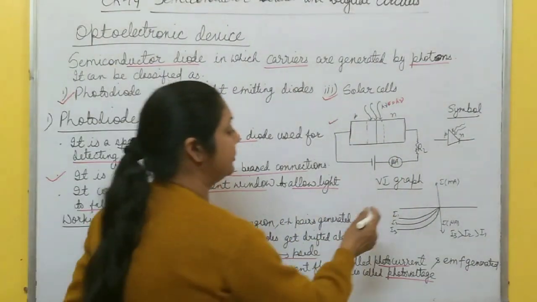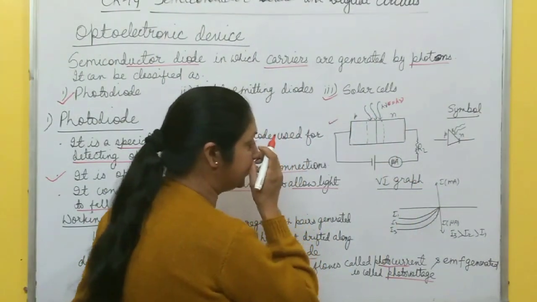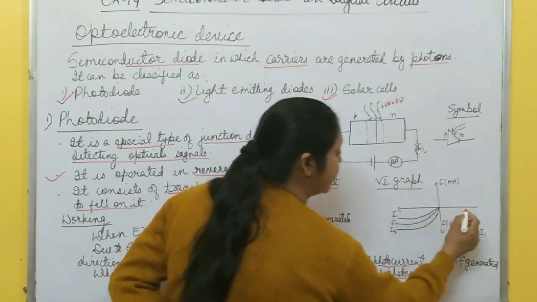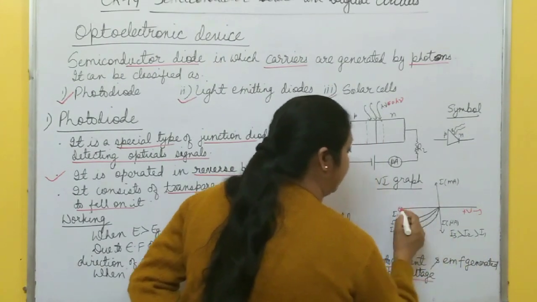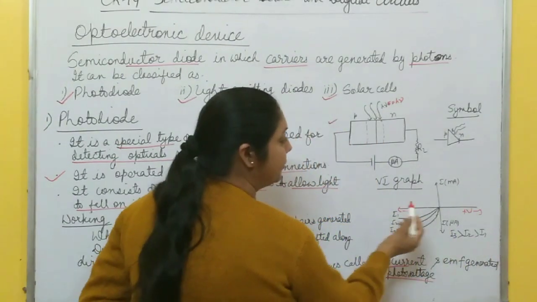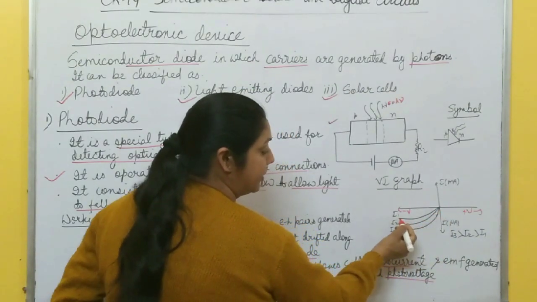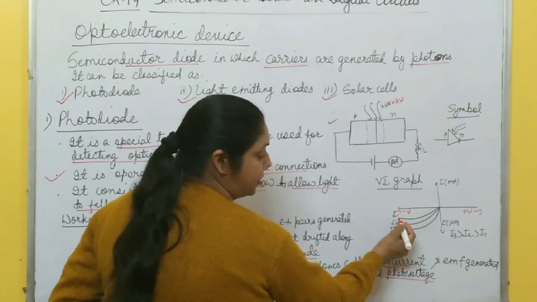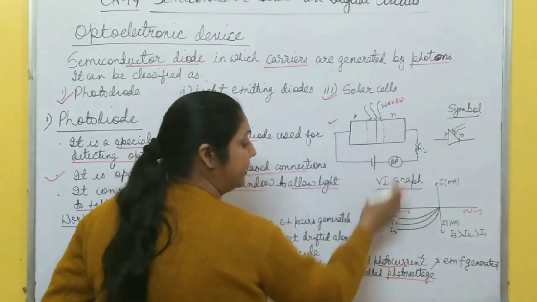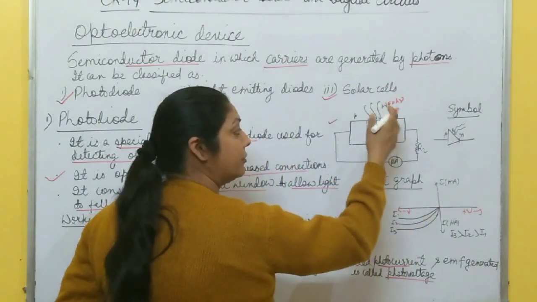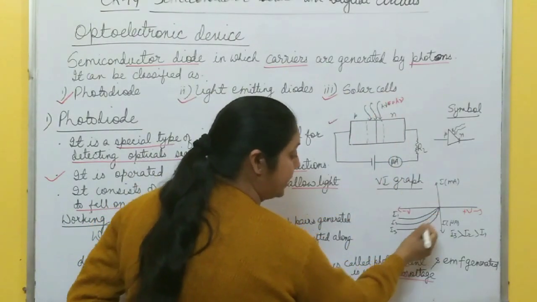If you draw a graph for the VI characteristics of this photodiode, here it operates in reverse bias condition, so on this side is plus V and on this side minus V. If the voltage increases, then current also increases, and after that it reaches a saturation value. Again, if the intensity of light increases, then the saturation point increases. When the intensity of light increases again, the saturation point increases again.